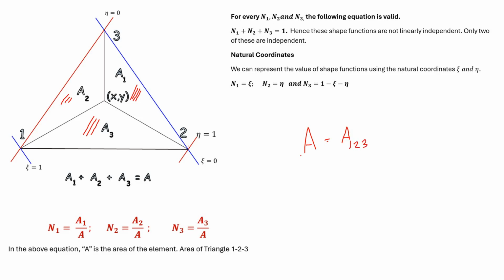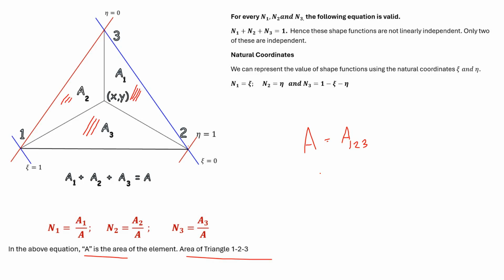And we get a good relationship between the shape functions and the areas: shape function n1 equals A1 upon A, n2 equals A2 upon A and n3 equals A3 upon A, where A is the area of the element, the triangle 1, 2, 3.